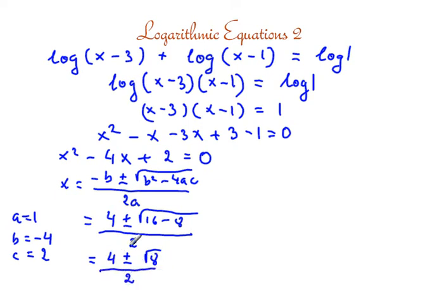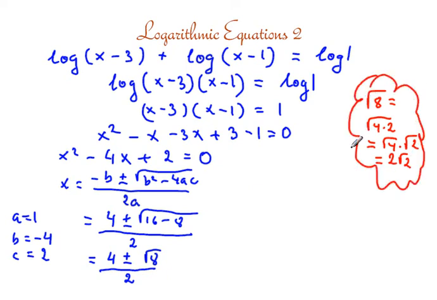Our job is now to simplify. Before we do that, quick recall of the following: square root 8 further can be written as square root 4 times 2. And when you split into two radicals, radical 4 times radical 2, you'll see 2 root 2. So this is what we will use to simplify our equation. Let us go back.